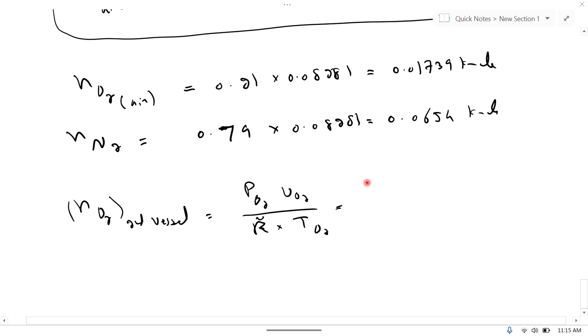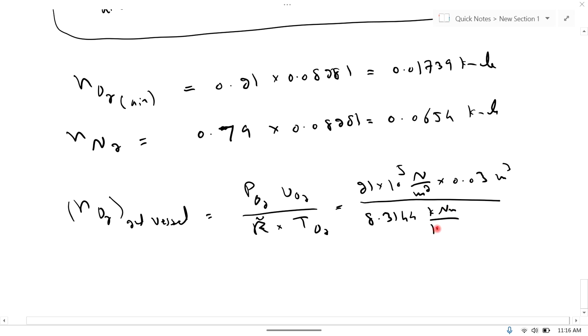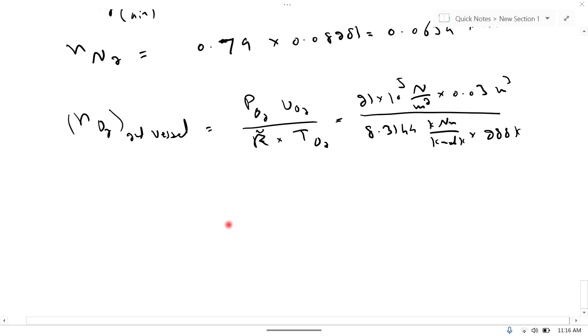So the pressure of oxygen given to us is 21 bar, which is 21 multiplied by 10 power 5 Newton per square meter. The volume of oxygen in the second vessel is given to us as 0.03 cubic meter, and the universal gas constant is 8.314 kilojoule, joule means Newton meter, divided by kilomole Kelvin, multiplied by 288 Kelvin. The temperature of the second vessel containing oxygen is 288 Kelvin.